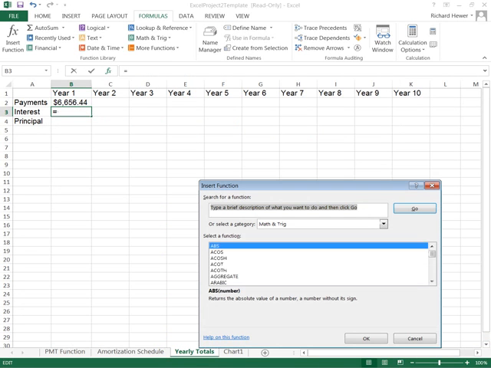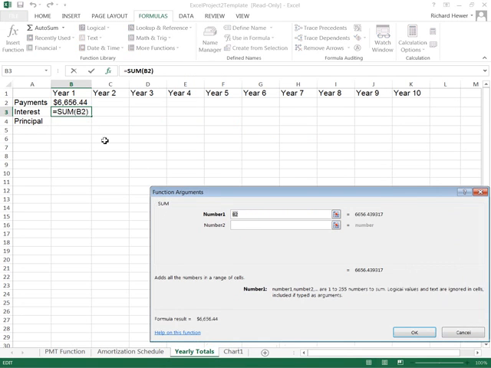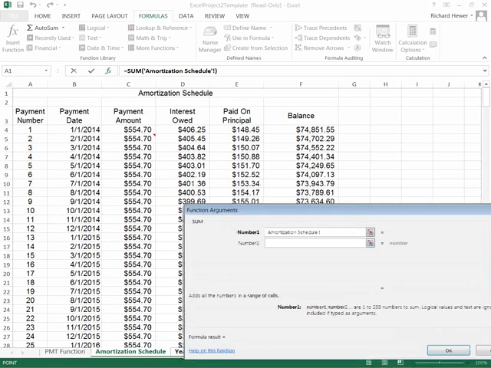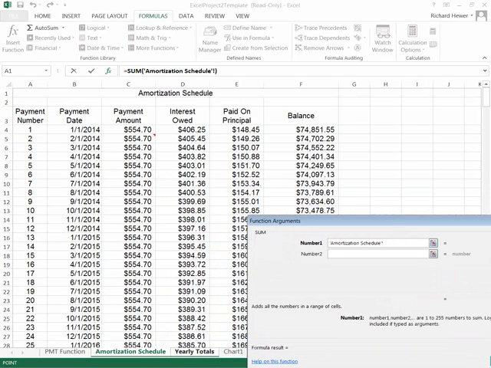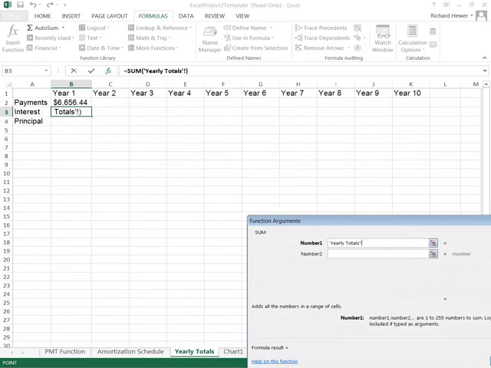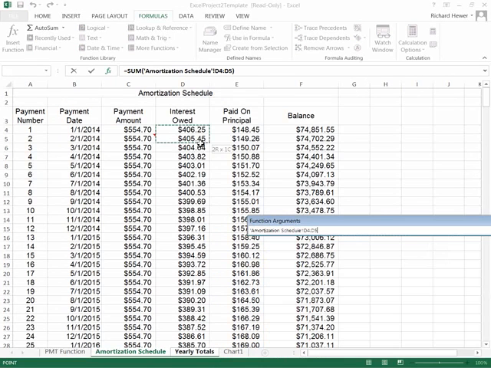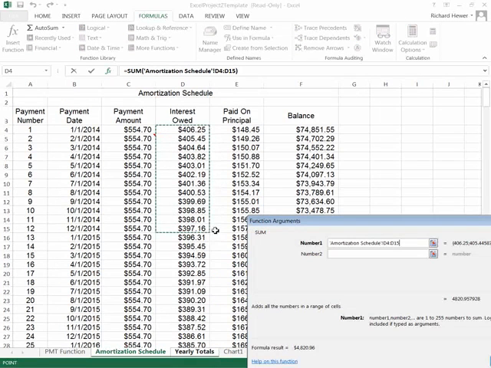And so again, I need to go down here to sum. And this time, I need to get the, I lost track of which ones I would do. Okay, the interest. So I take the interest for 12 months. Down to 12 again.